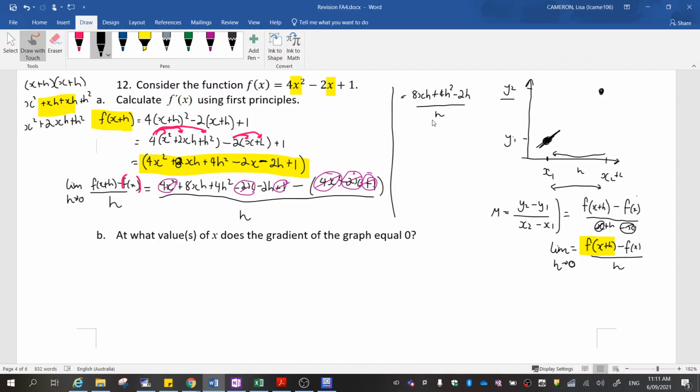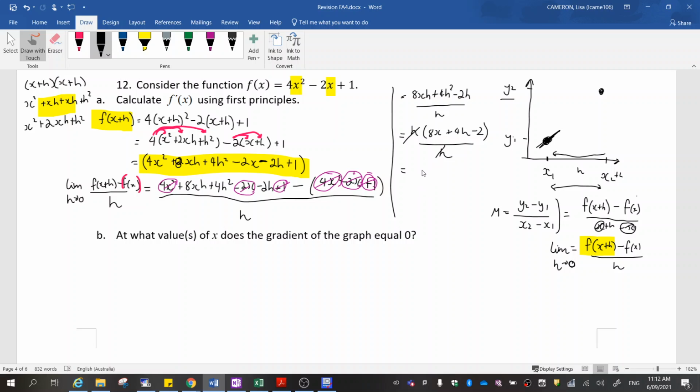They all have an h in them. So now I've got h on the outside. I'm going to factorise an h out of all of these terms. Divide this by h, I'm left with that. Divide this by h, I'm left with this. Divide this by h, I'm left with that, all over h. And now cancel, cancel.